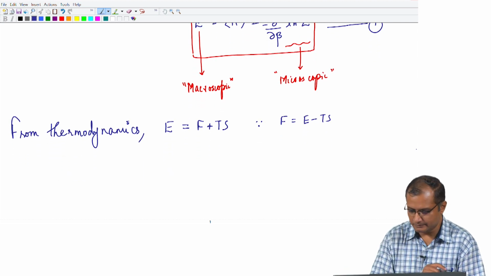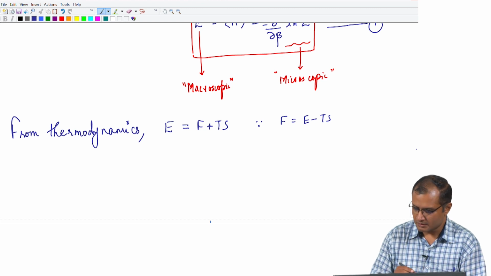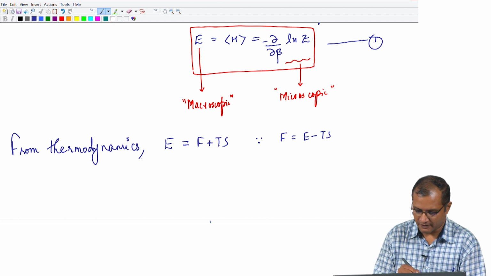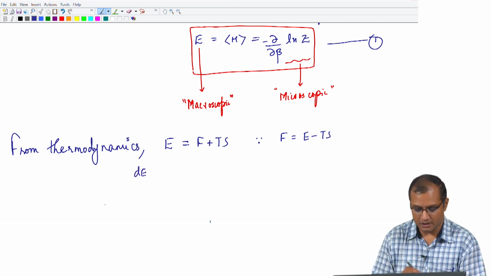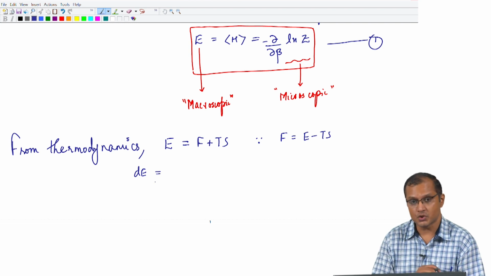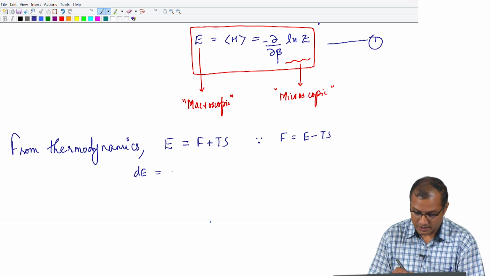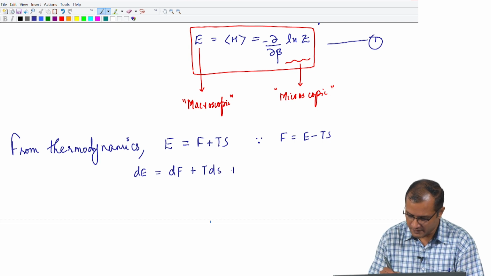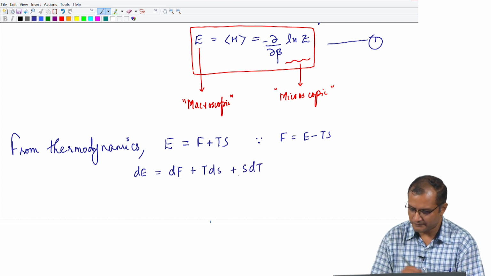So, just recall that if I take a derivative on both sides, a differential on both sides. So, small change, if I consider a small change in internal energy, then this is equal to a small change in free energy plus TdS plus SdT. Okay.